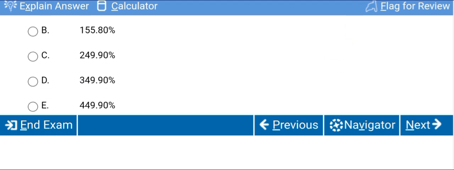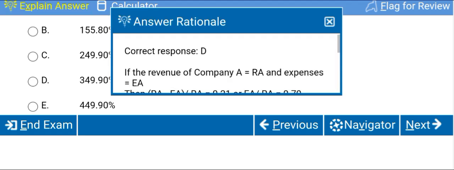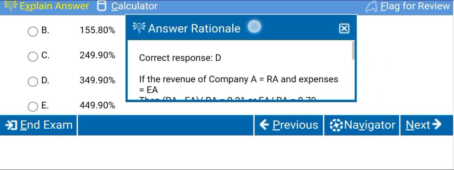Option D, 349.90%. Option E, 449.90%. So here we have these five options. So let's see which one is the correct option. So the correct response is option D.